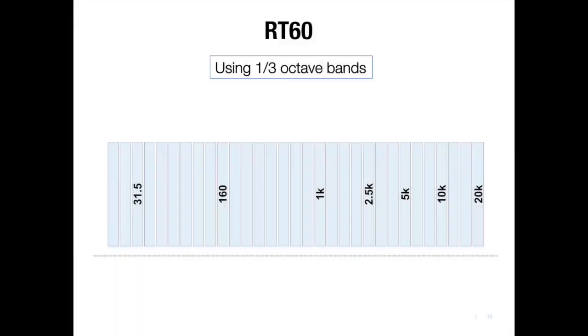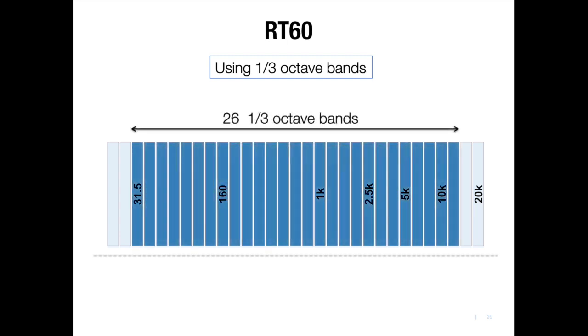In real life, our measurements will be using 1/3 octave bands rather than trying to manage individual frequencies. And in future episodes, we'll cover this in depth. But for now, think of targeting the 26 1/3 octave band frequencies from 31.5 hertz to 12 kilohertz.